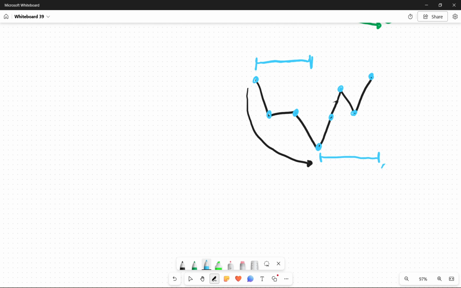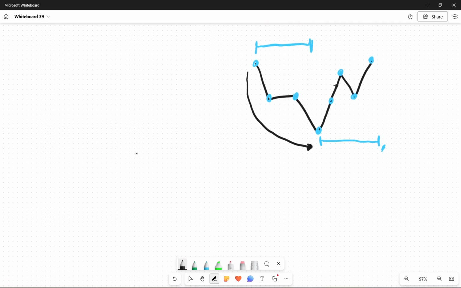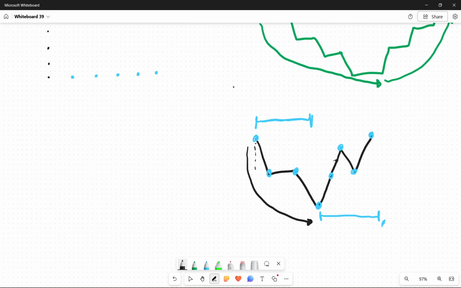The thing I'm bothered about is this part, the right half, or not even a half, but the right part of my graph. So what I will try to do is I will choose my k from here. Okay, let's be consistent, like from here to right up to here.